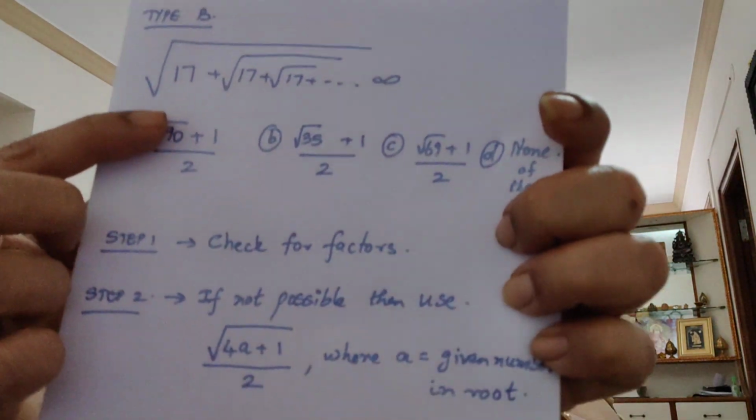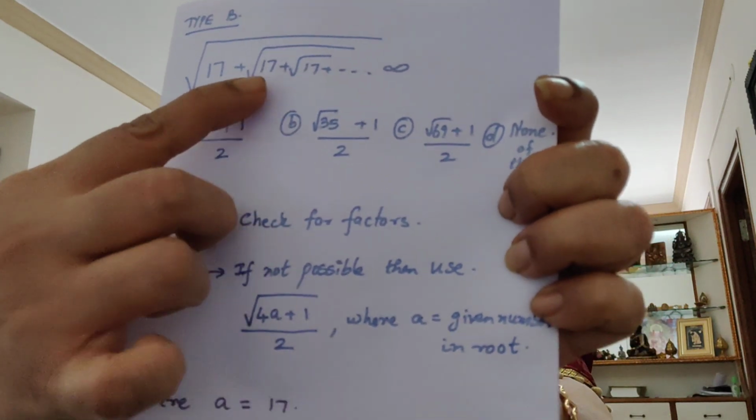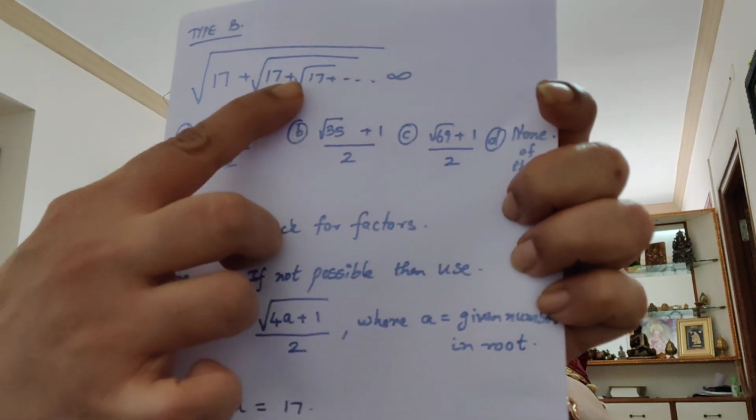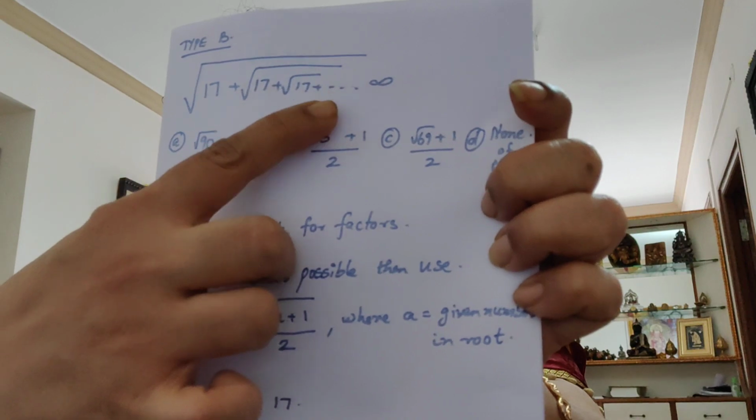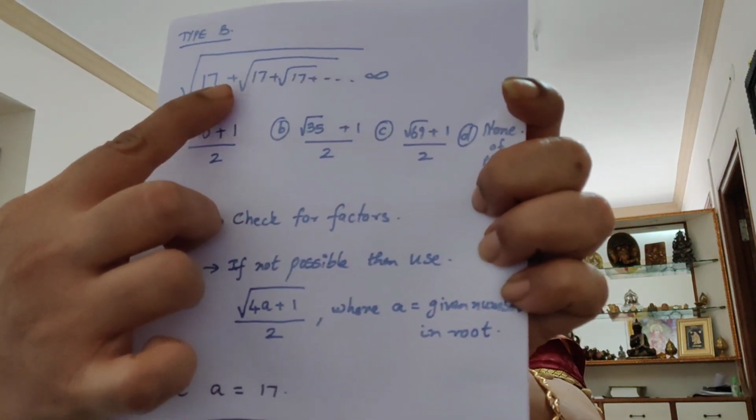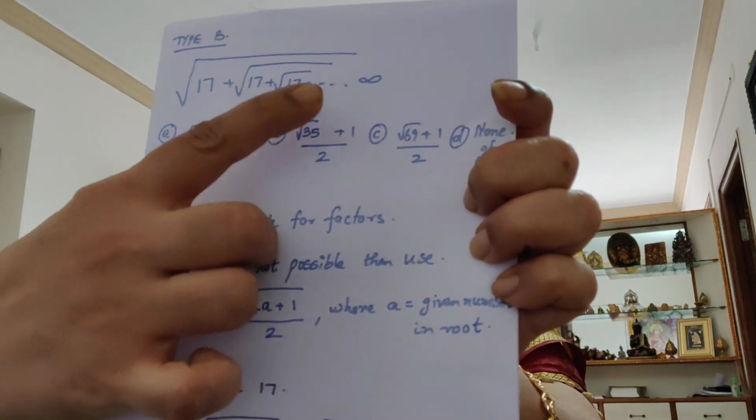There are also times when you will have, for example, root of 17 plus root of 17 minus root of 17 plus. So you will have the signs being plus, minus, plus, minus. It could come in that particular way. And for that particular type of question, all that you have to do is remember what we did. We had a root of 4a plus 1 as the formula.